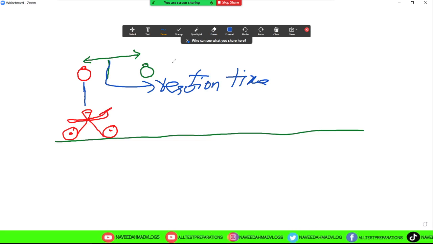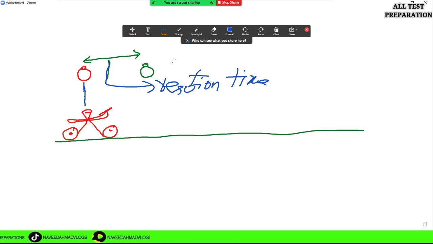There is also another point, discuss it in terms of the error. In digital clock, if you want to note down the time, will there be less chance of error or more chance of error as compared to analog?